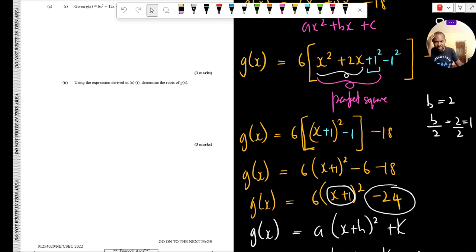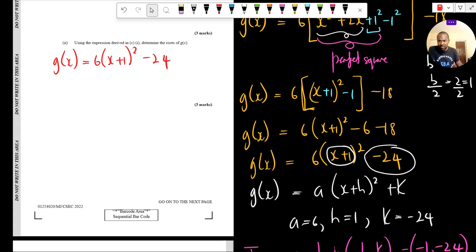It says, using the expression derived in part C1, determine the roots of g(x). So, let's write down g(x) in the form we obtained. g(x) is equal to 6(x + 1)² - 24. When you want to find the roots of g(x), it means that g(x) is equal to 0. So we set 6(x + 1)² - 24 equal to 0.